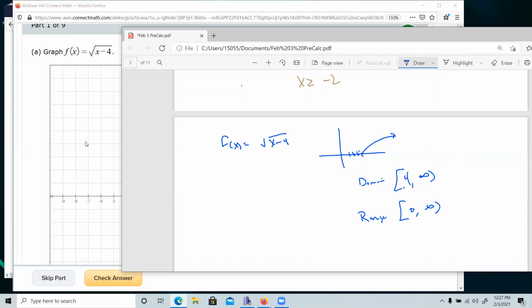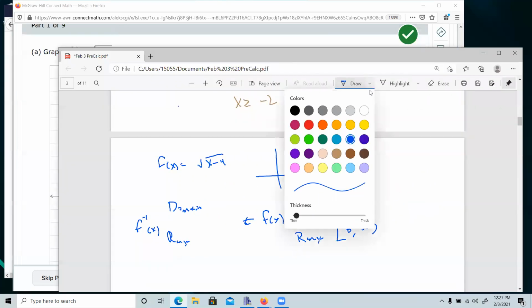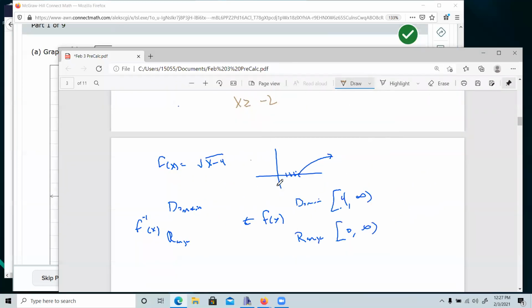When they ask for F inverse, what's my domain going to be? What's my range going to be? So the domain turns over here and the range is going to be over here for F inverse.